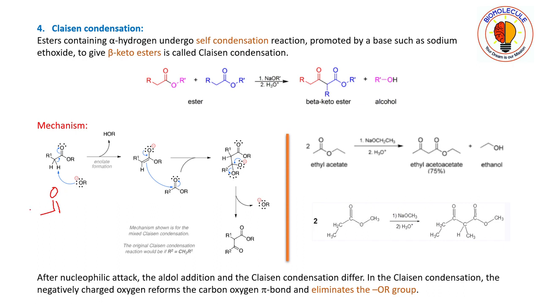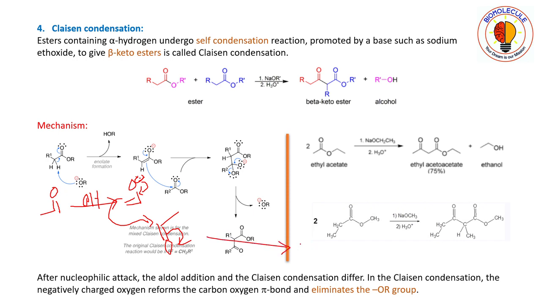Similarly, this alpha hydrogen containing carbonyl compound we were treating with base sodium hydroxide, then the enolate was forming, and then the enolate was attacking the second carbonyl compound, and what we were getting is this one.